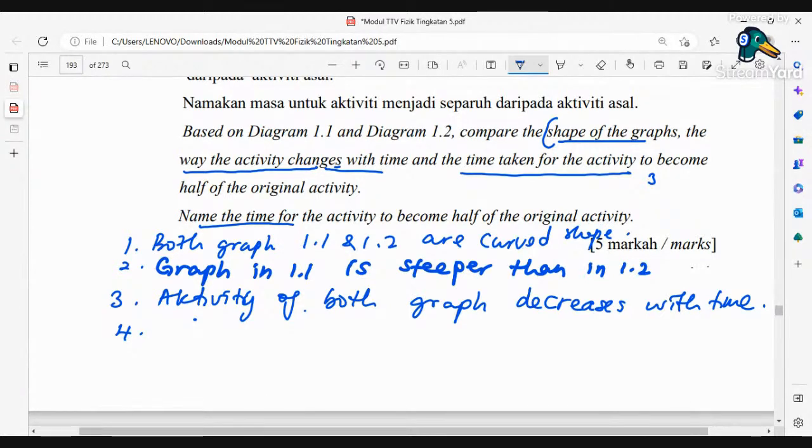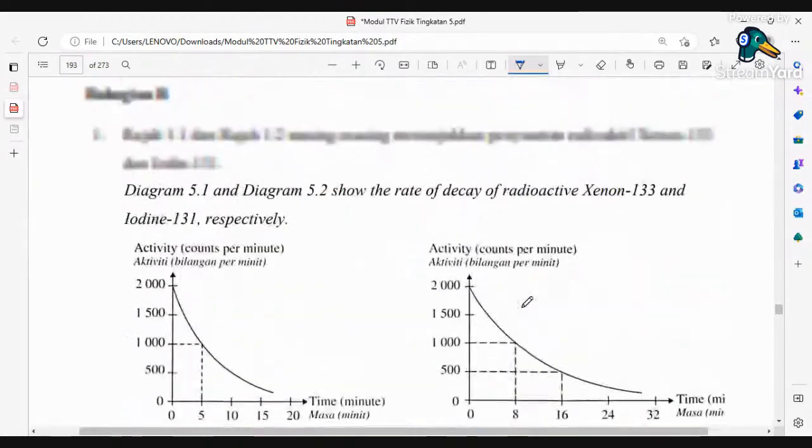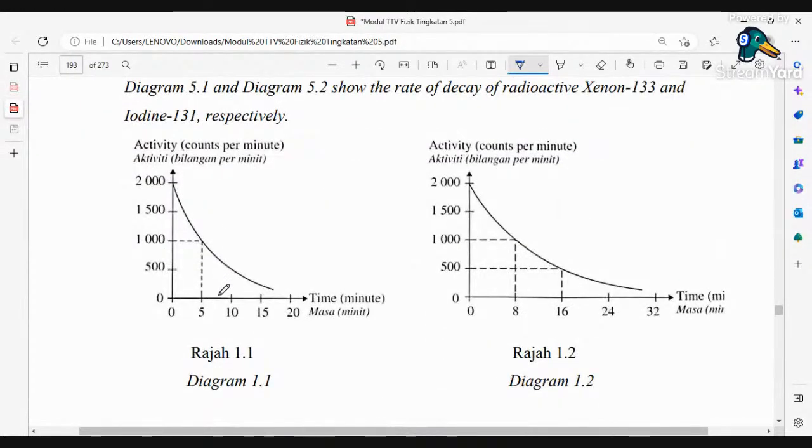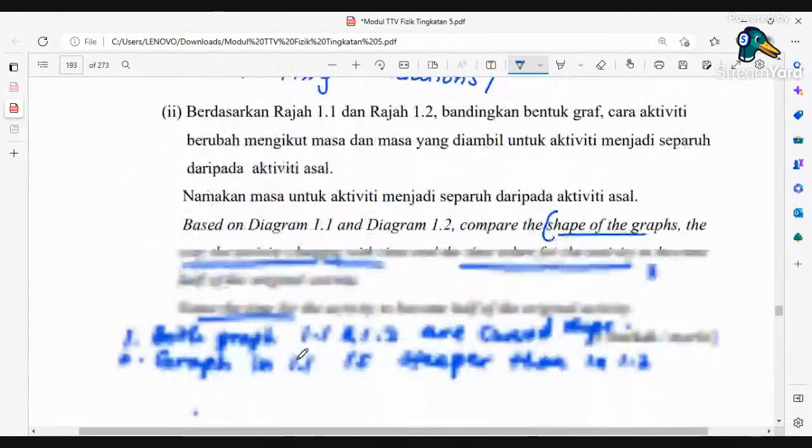okay, we look at here the time taken to become half. This one is 5 minutes. This one is 8 minutes. So it means 1.1 is shorter.